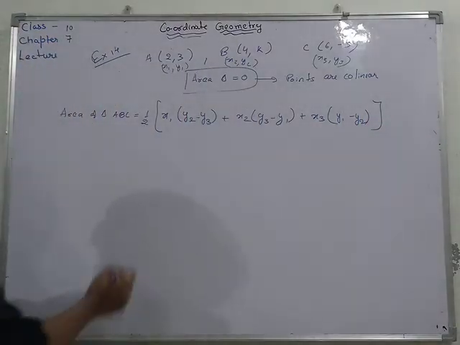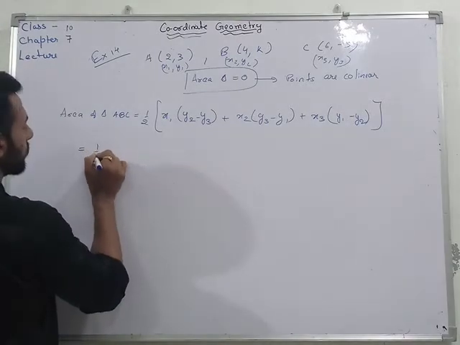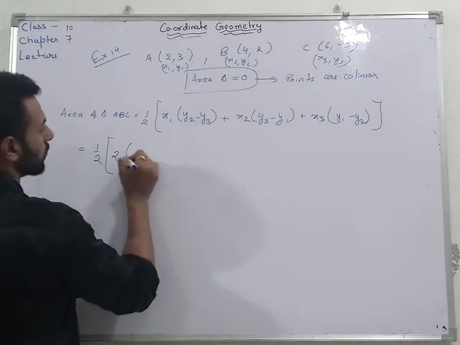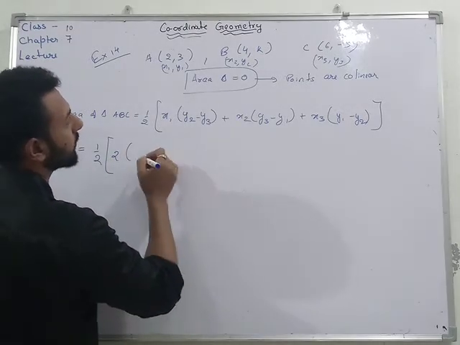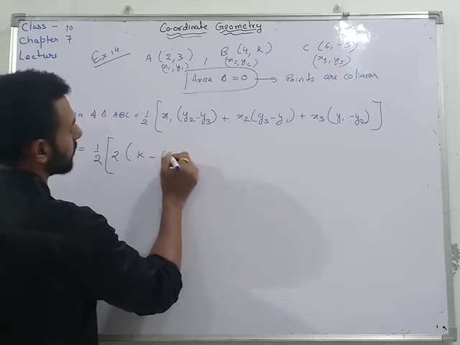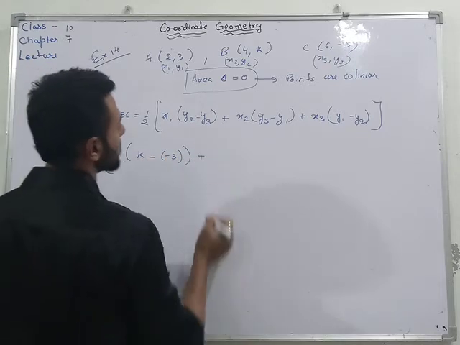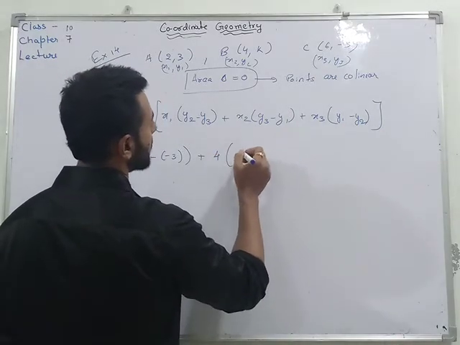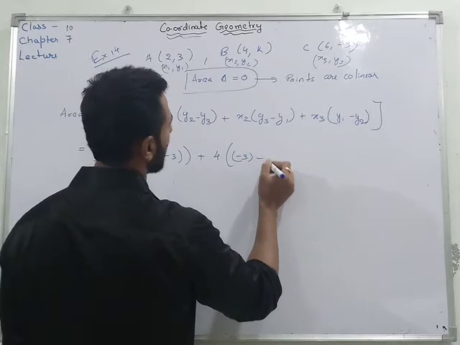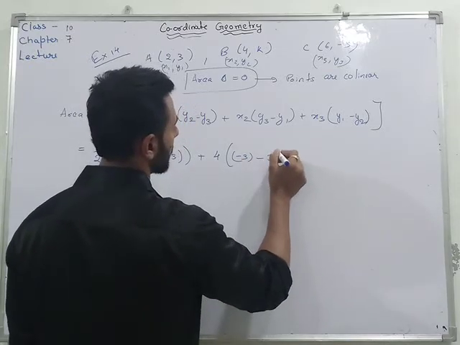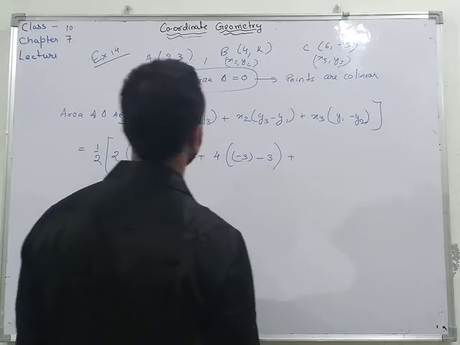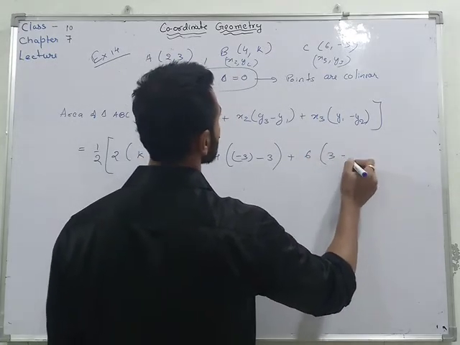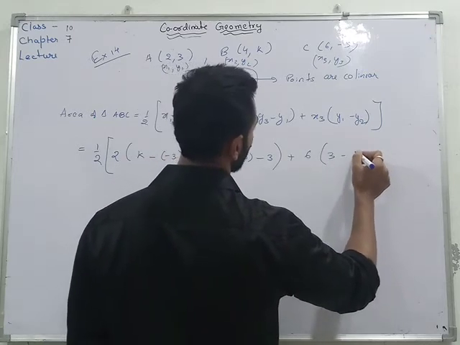Substituting the values, 1 by 2, x1 is 2, y2 minus y3, y2 is k, minus of minus 3, plus x2 is 4, y3 is minus 3 minus y1, y1 is 3, plus x3 is 6, y1 is 3 minus y2, y2 is k.